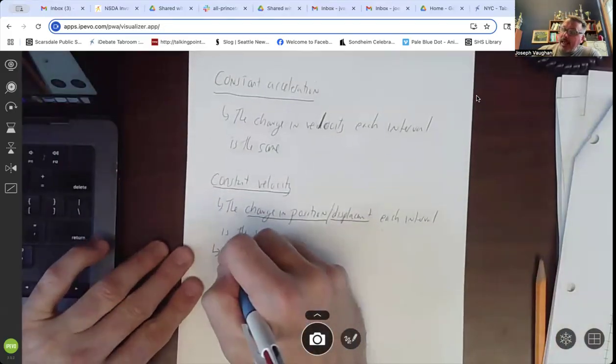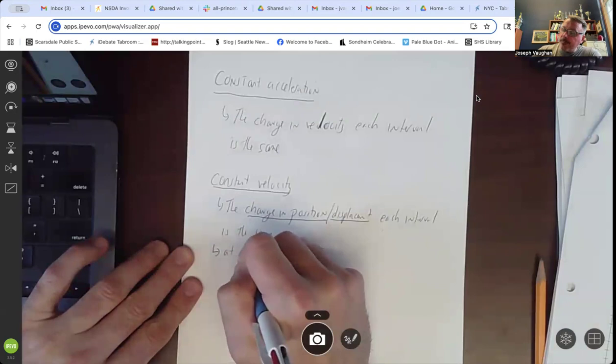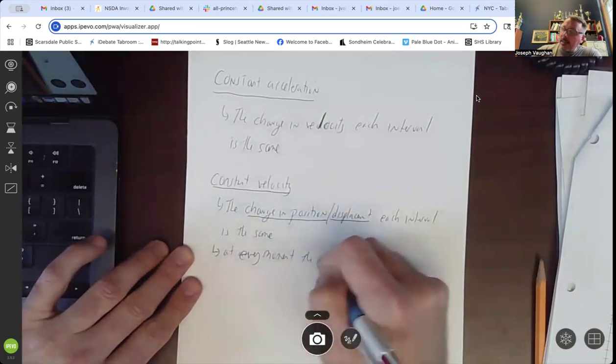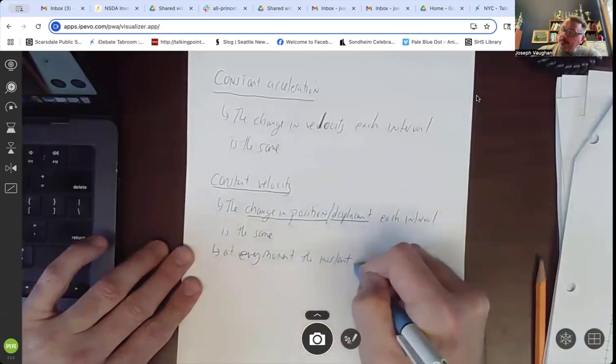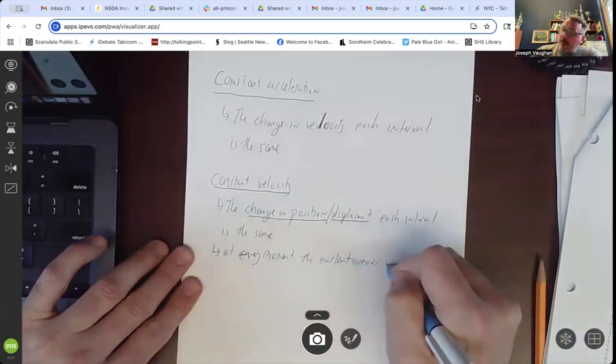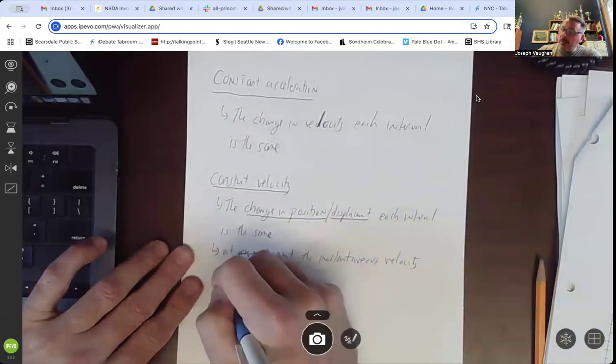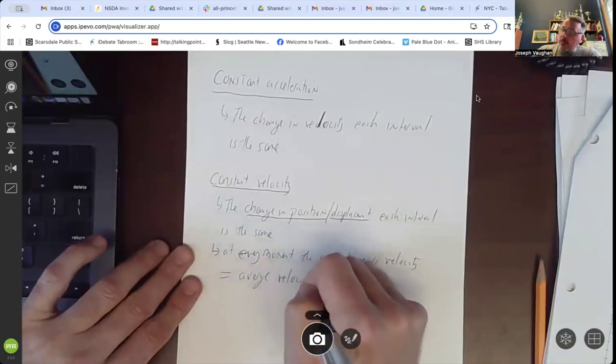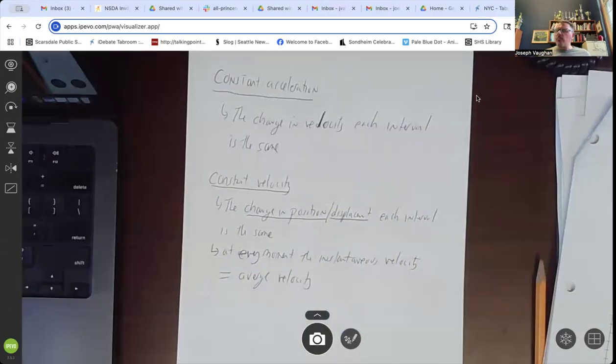Or we said at every moment, the instantaneous velocity was equal to the average velocity. Okay. And that's what it meant to go at a constant velocity.